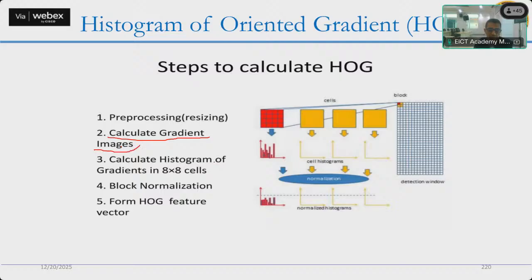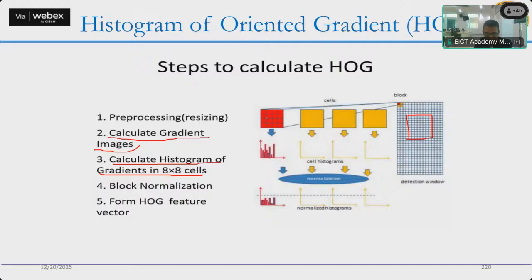Then you calculate the histogram of gradients. Remember, it is a histogram not of intensity but of the gradients. In which cell? In an 8 by 8 cell. You take blocks here. There you calculate the histogram, and thereafter you do the block normalization.